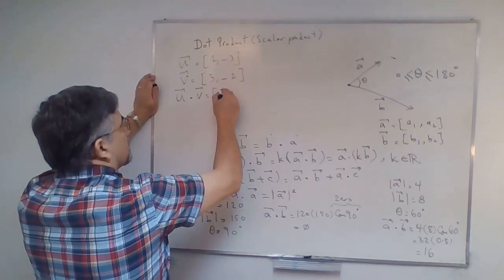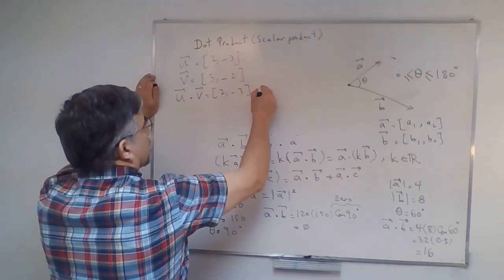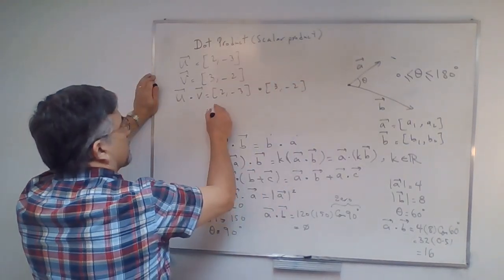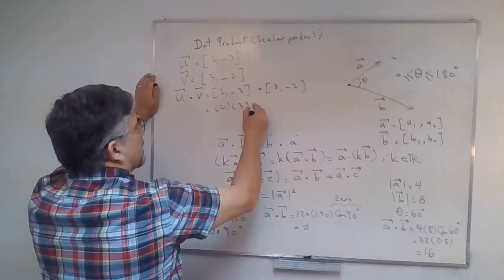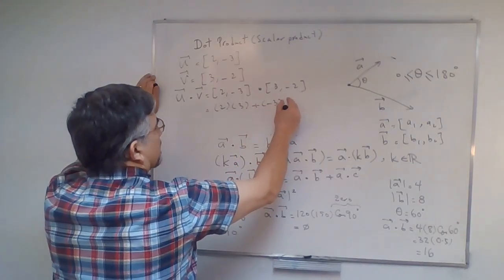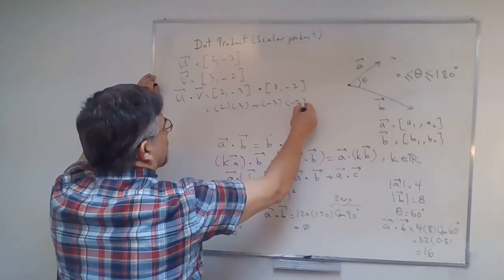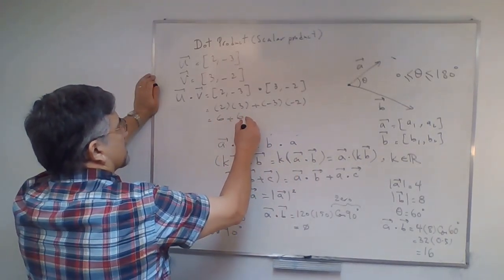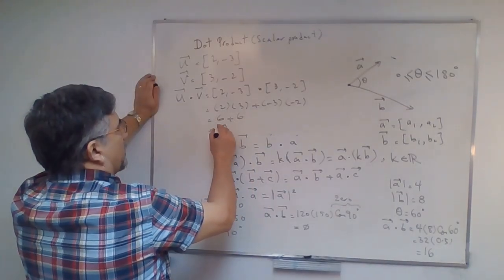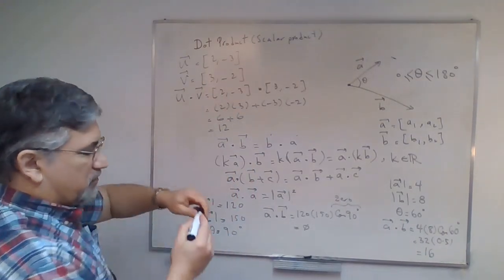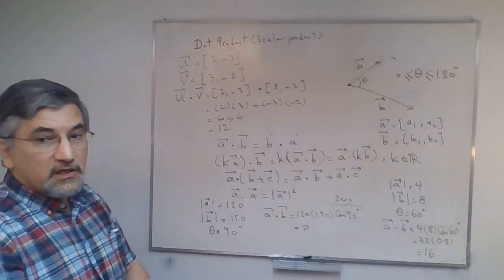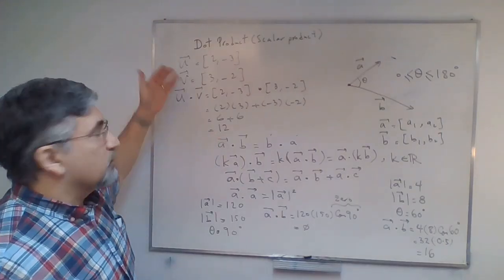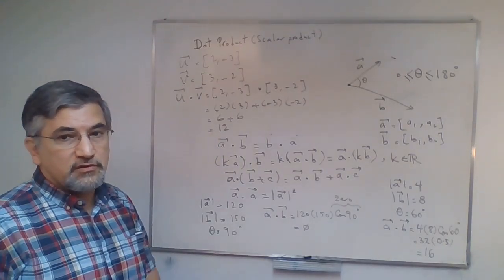It's going to be (2, negative 3) dot (3, negative 2). So 2 times 3 plus negative 3 times negative 2. So that's 6 plus 6, and that is 12. So the dot product of these two vectors is 12. Now, if it was 0, I would know that the two vectors are perpendicular.